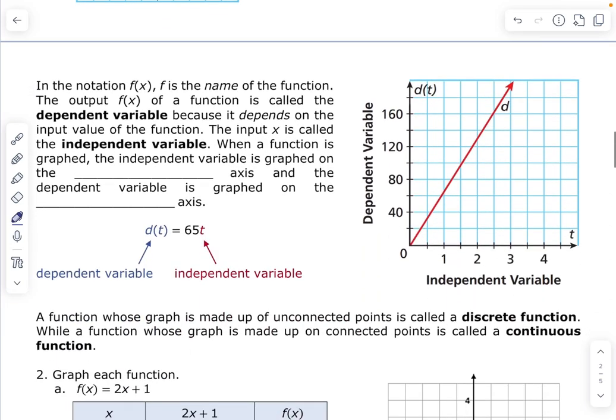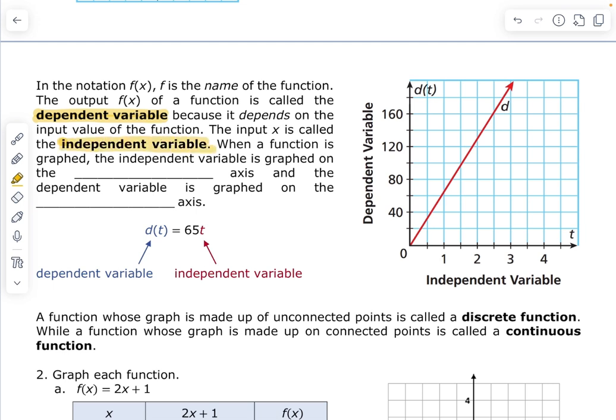Okay. In the notation f of x, f is the name of the function, and the output f of x is called the dependent variable because it depends on the input value of the function. The input value, x, then, is called the independent variable.